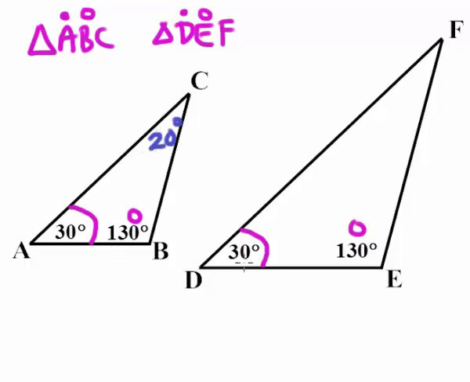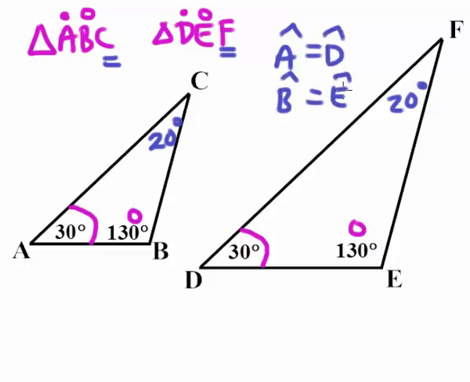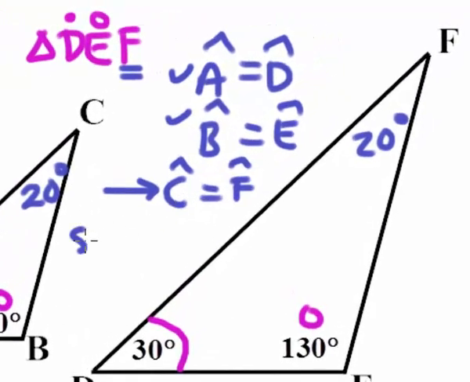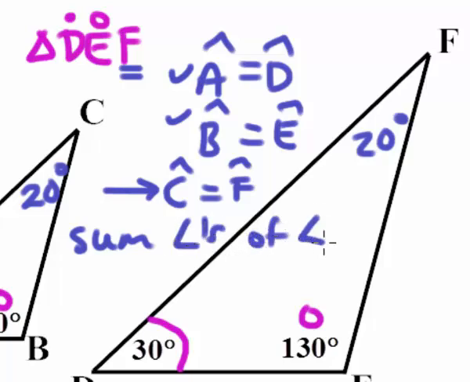Now here it works as well. If that's 30 and 130, that angle is 20 degrees, angle F. So C is equal to F as well. So the corresponding angles are equal: angle A is D, angle B is equal to angle E, and angle C is equal to angle F. Now these two are given, but C equal to F comes from the fact that the sum of the angles of a triangle add up to 180.